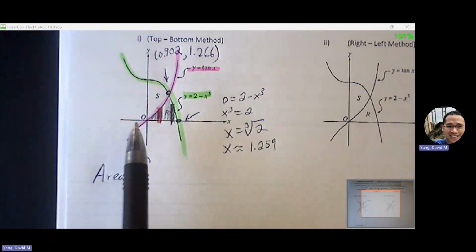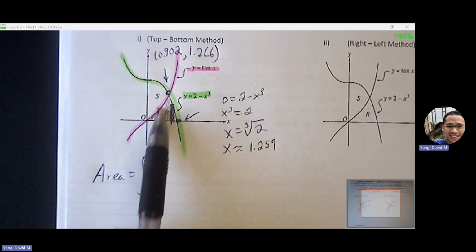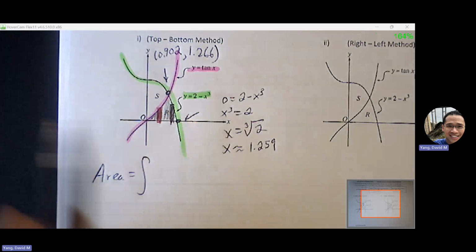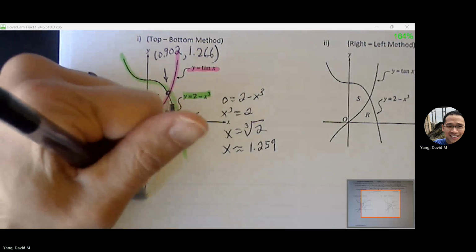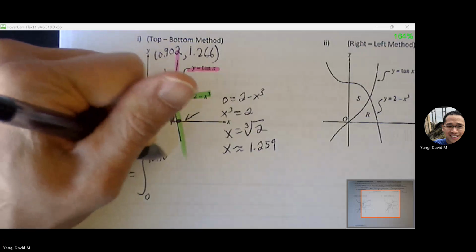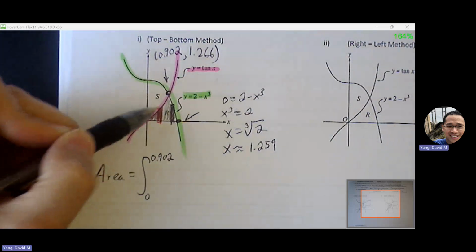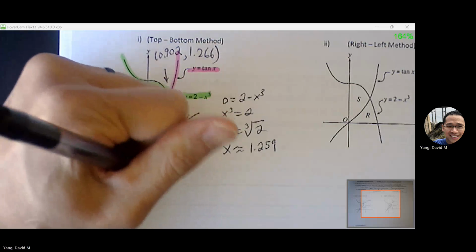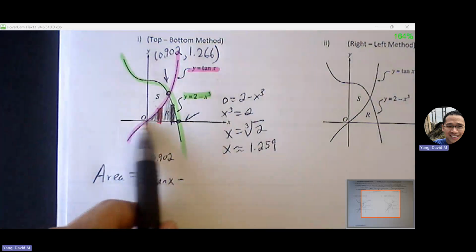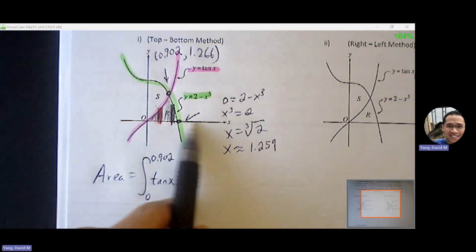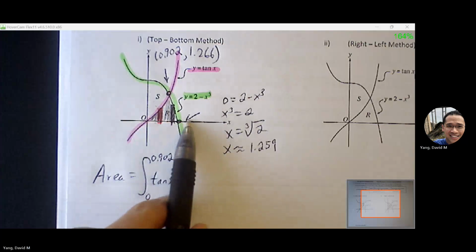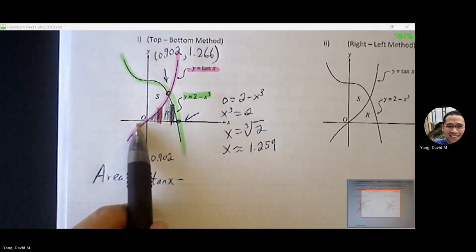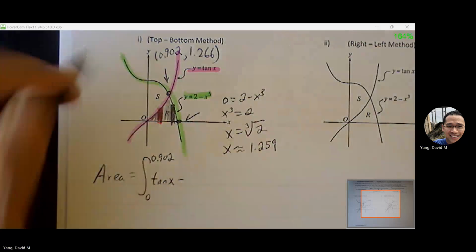Okay, so I'll go from left to right. I'll do the region under the red graph, so from 0 to 0.902. Top minus bottom. So the top is tangent of x. And what's the bottom equation here? What's the equation of the x-axis? y equals 0.